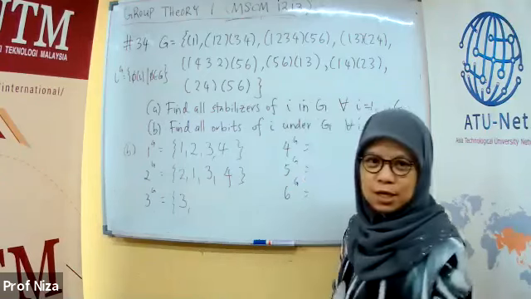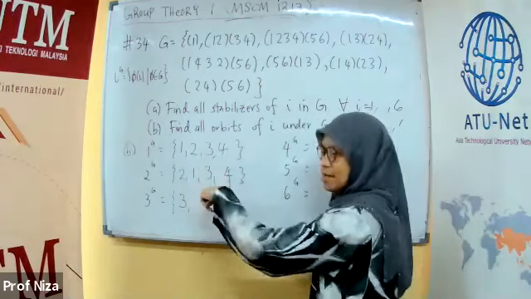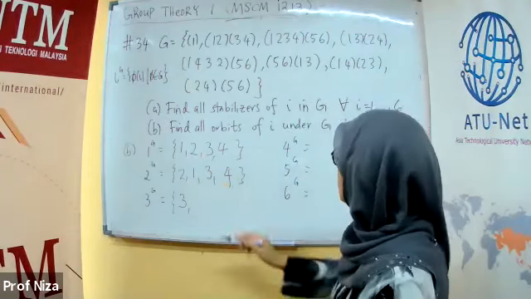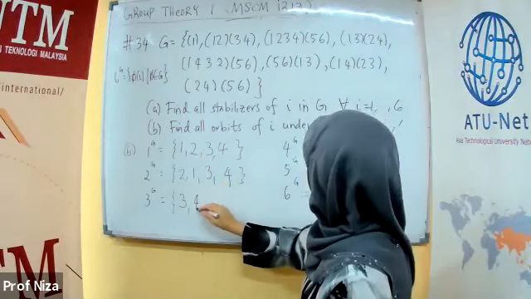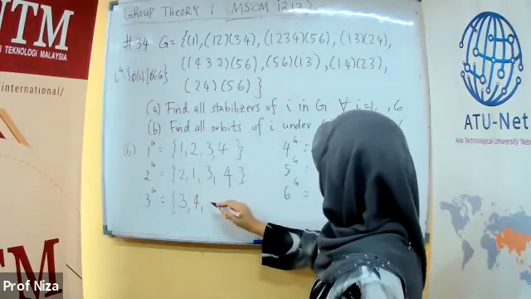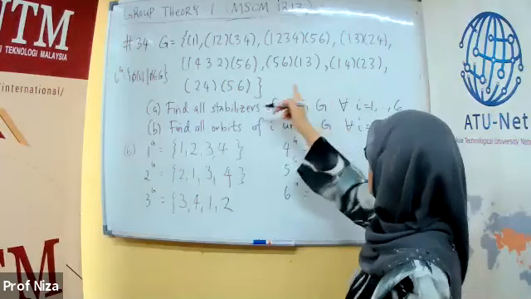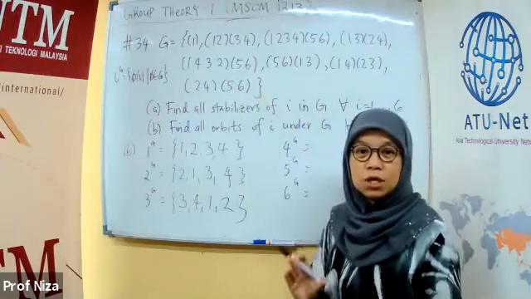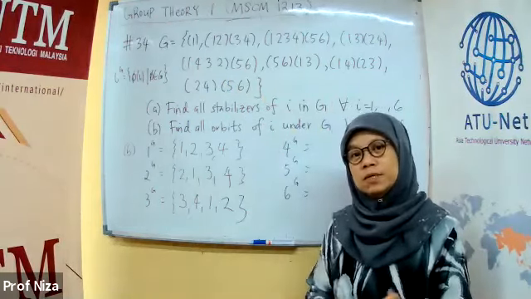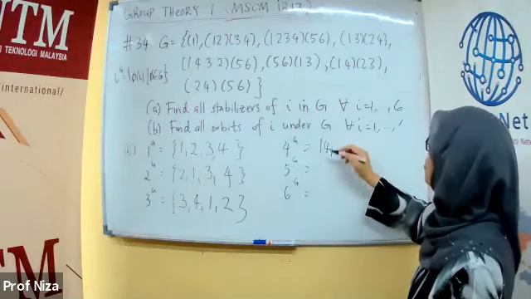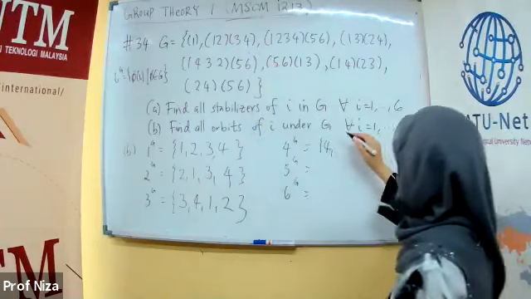You see if they are in here, they are all the same. Okay? 3 goes to 3, to 4, to 1, to 2. I'm just checking, but actually, because it's a subgroup, if a subgroup is closed, then you get all this. 4 goes to 3.